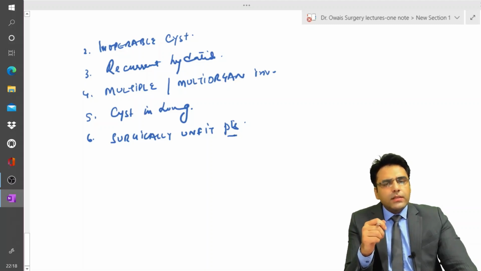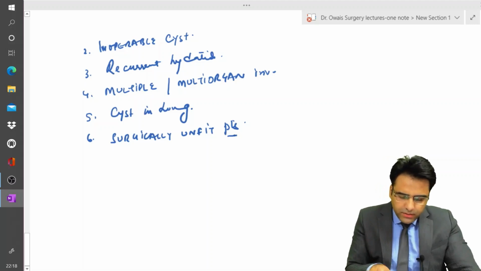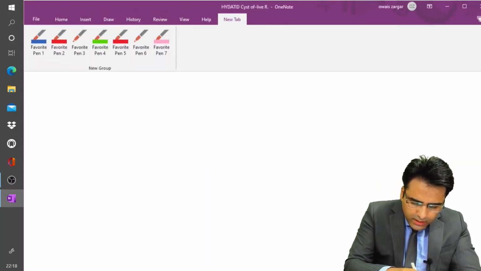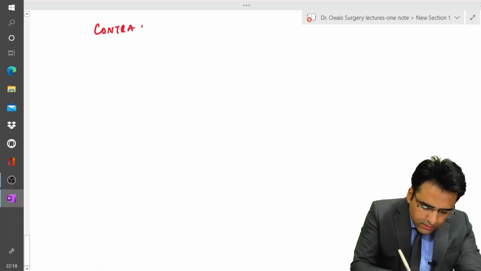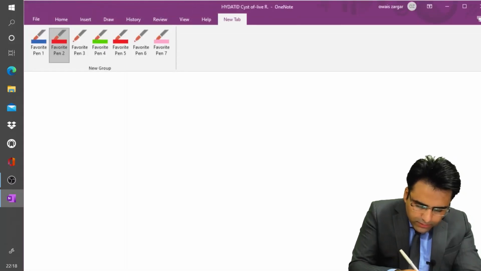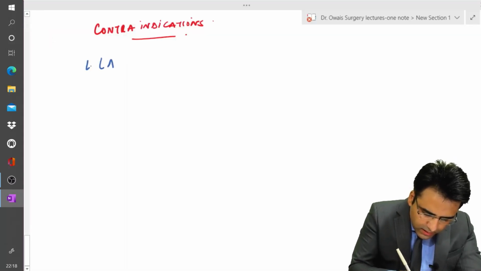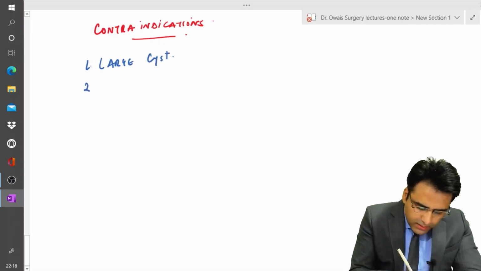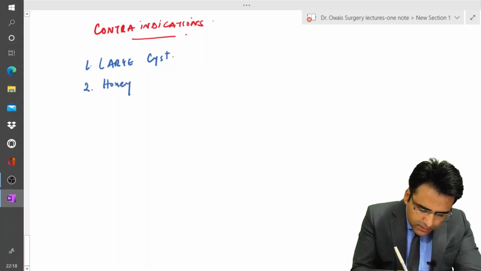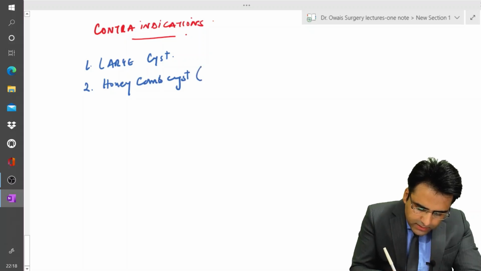Now next, let us discuss the various contraindications of medical treatment. So next we will discuss the contraindications. Now first is if there is a large cyst. Next, honeycomb cyst with septa.